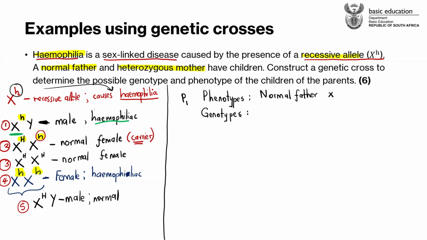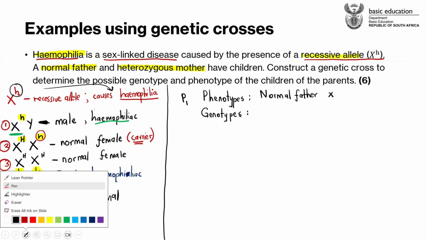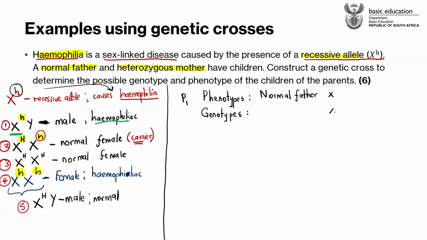Yes, she's normal and she's a carrier, guys, because for a heterozygous condition, remember, heterozygous means that she's got a dominant and a recessive allele. Whenever we do her genotype, she will have X with a dominant allele and another X with a recessive allele.